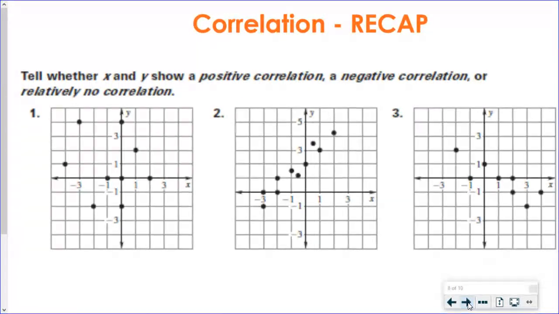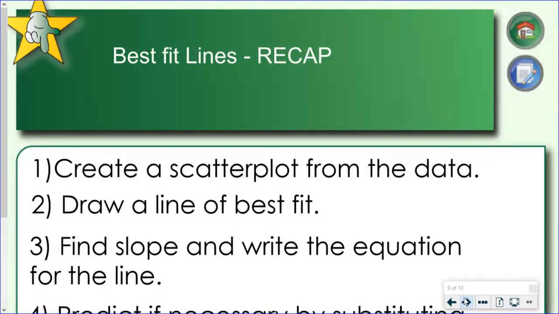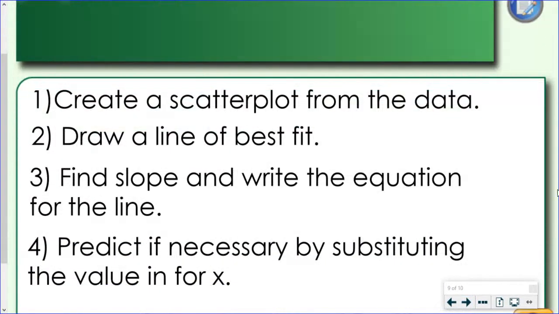Just a reminder, these are correlations. Number 1 would be no correlation. 2 would be positive. 3 would be negative. Think about how slope would be for that. And just to recap, when you make a scatter plot, plot the points, then draw the line of best fit, then find the slope.